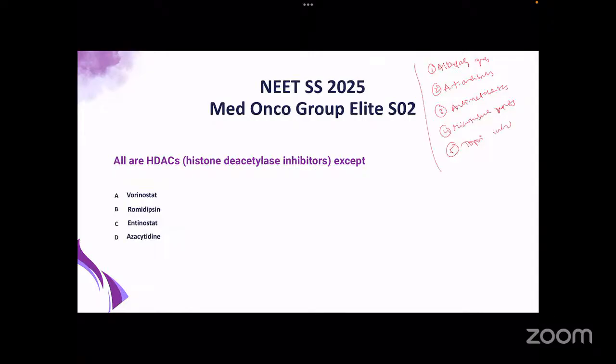These are all the drugs which act on the DNA level. But there are some drugs which act at the epigenetic level. So what is epigenetics? Epigenetics is broadly two things: DNA methylation or demethylation, and histone acetylation or deacetylation, and also methylation as a lesser component.